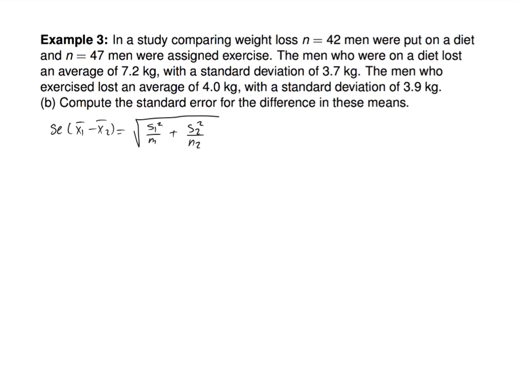What's the standard deviation corresponding to the diet group? 3.7, over 42, plus 3.9 squared over 47, which I got to be approximately 0.81. Make sure you can make your calculators do that too.